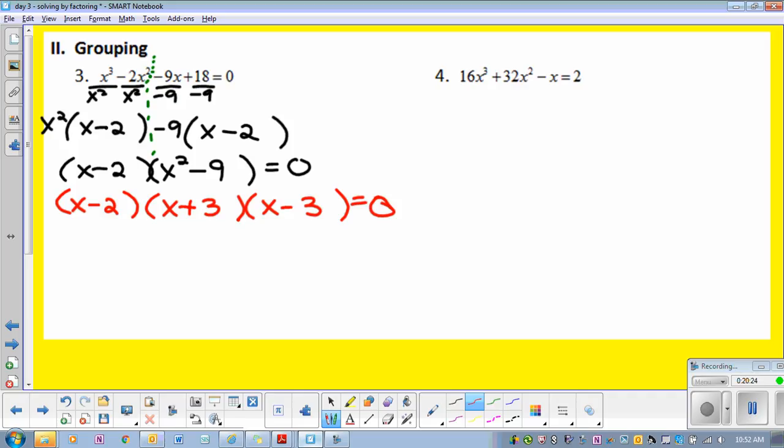Now I can do my mini equations. Everybody gets set equal to 0. So you guys do that, please.